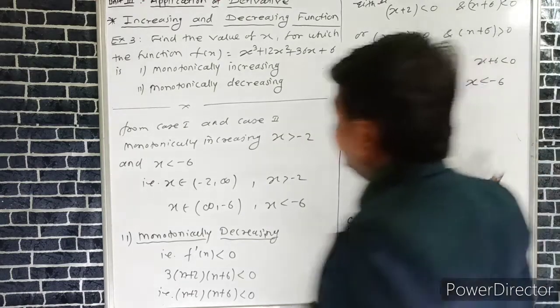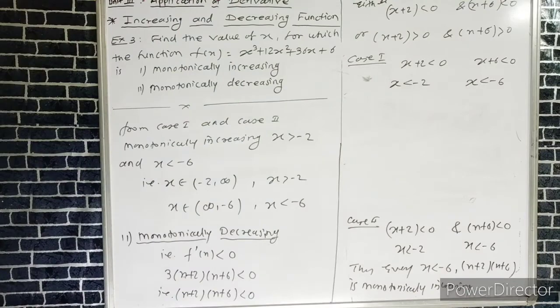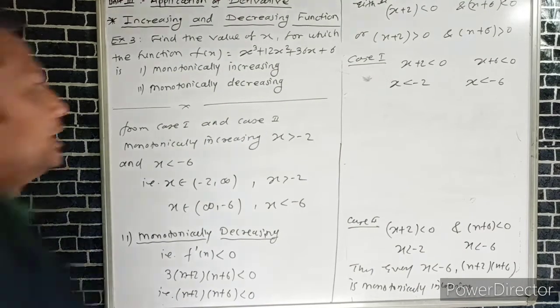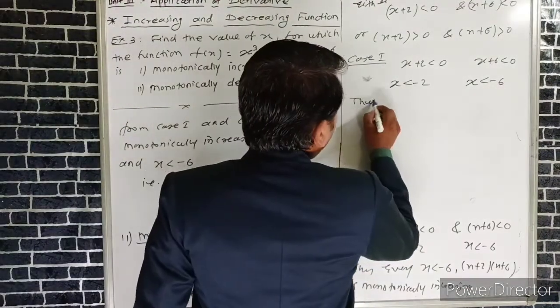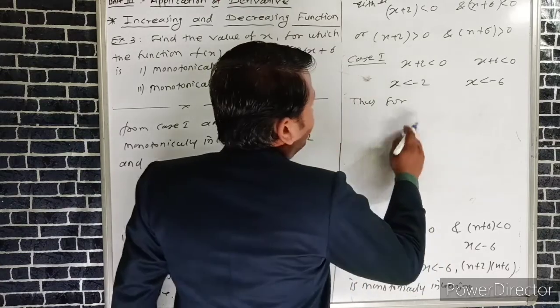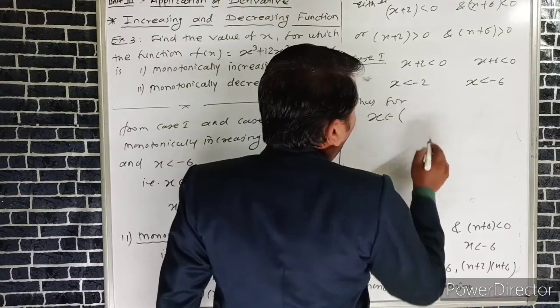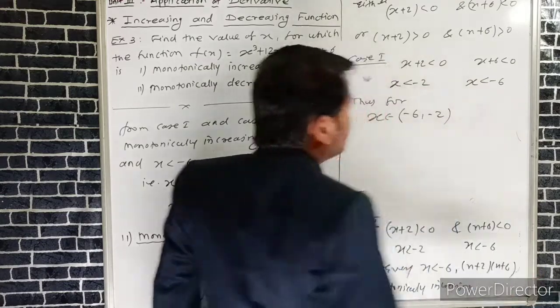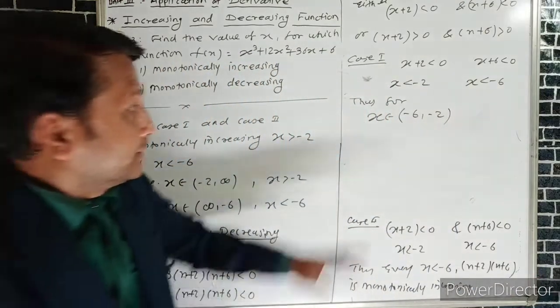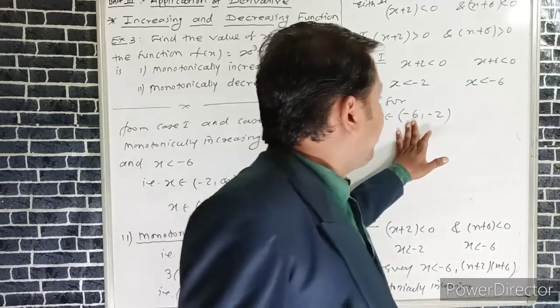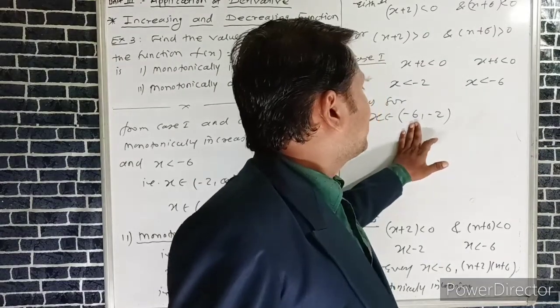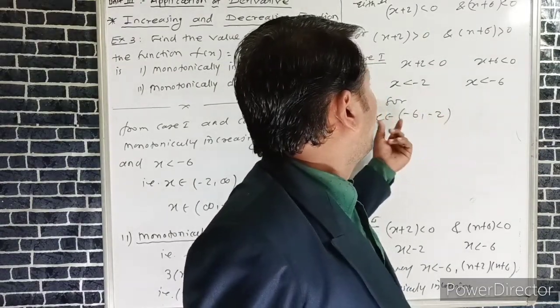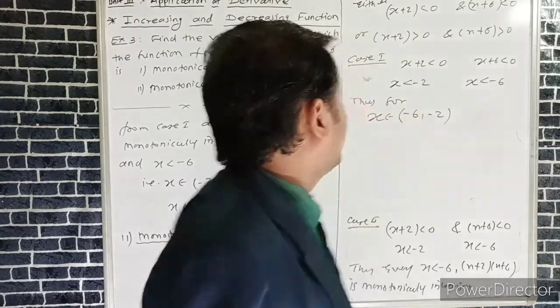If the function is monotonically decreasing, therefore we can write x belongs to minus 6 to minus 2. From the value of minus 6 up to the value of minus 2, the function is monotonically decreasing.